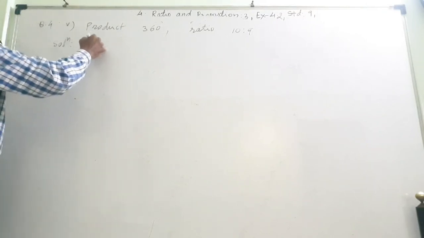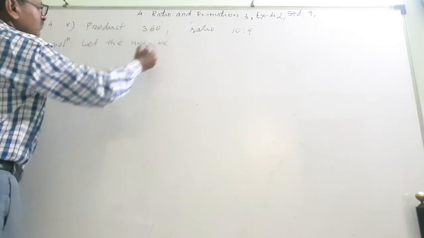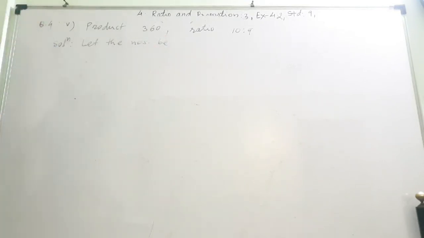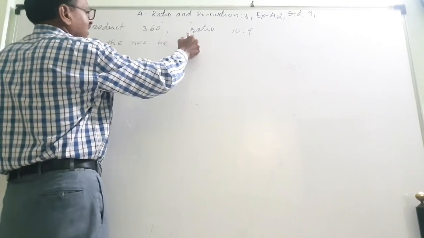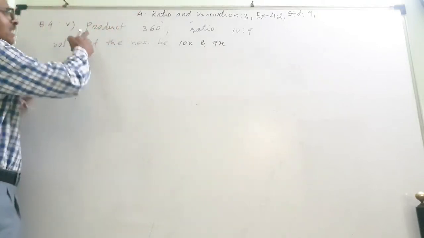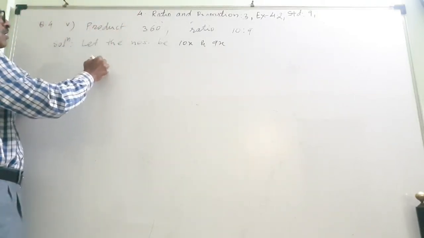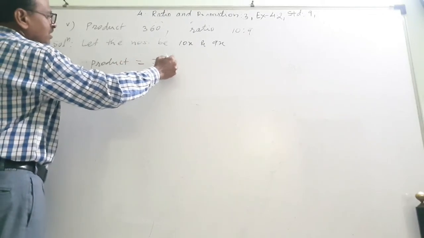Let the numbers be 10x and 9x respectively. Their product is equal to 360.